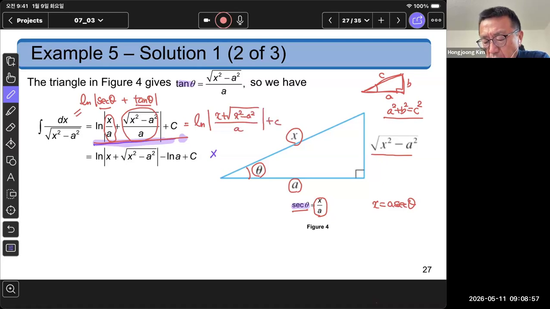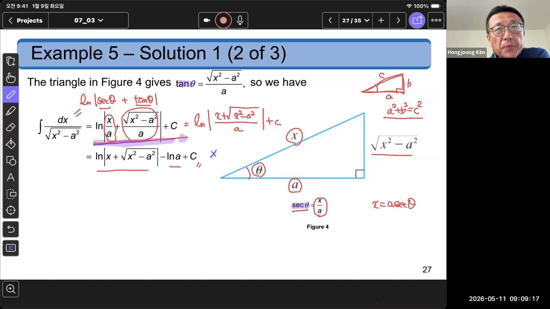Then I can split the log function by the difference between these two logarithmic functions, right? So log the numerator minus log denominator plus c.